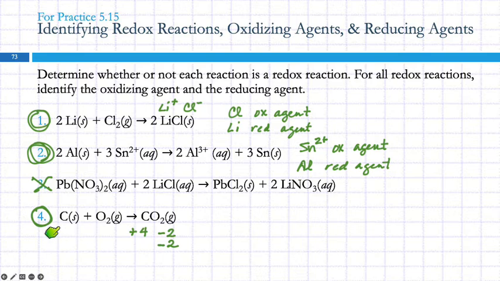So which of these, carbon or oxygen, is being oxidized? Carbon is being oxidized. What kind of an agent is it then? A reducing agent. Oxygen is the oxidizing agent because oxygen is causing the other guy to be oxidized.